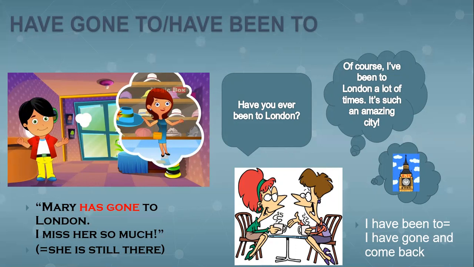So been means went there and got back. Gone means went there and not back yet. Okay? So these are the differences between has gone and has been, and both of them are time expressions that we use with the present perfect tense.